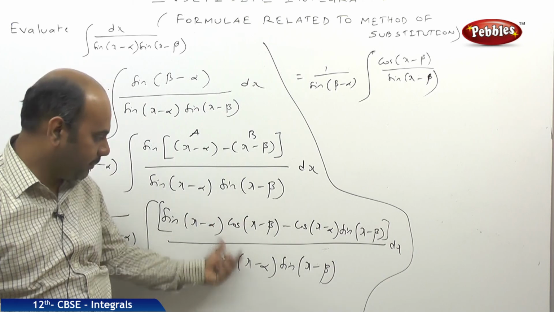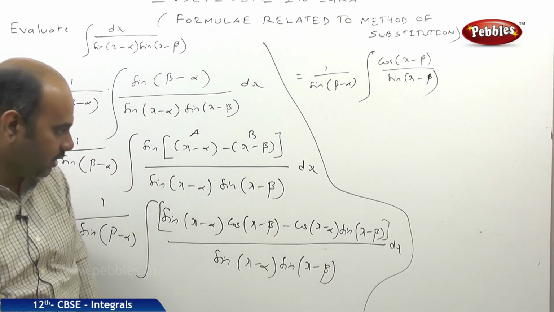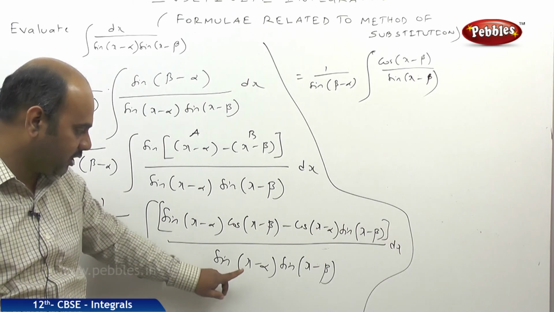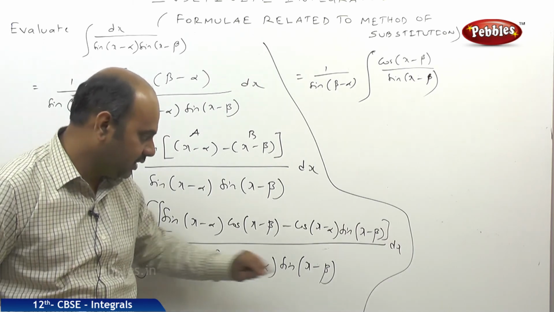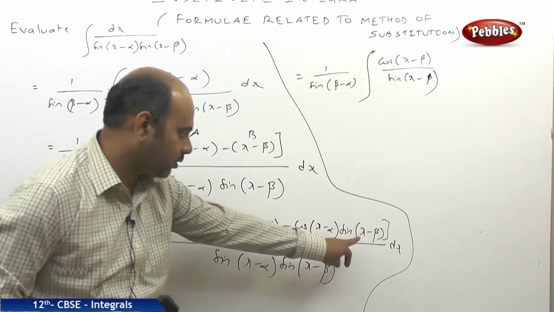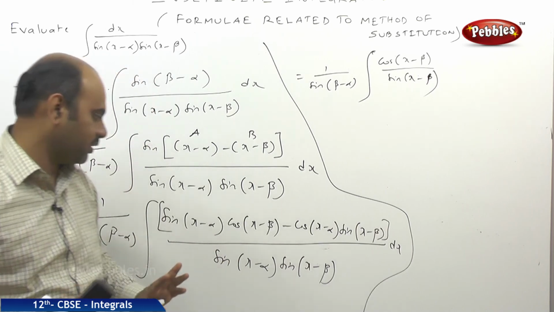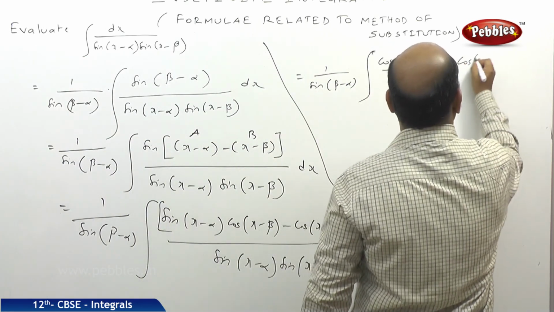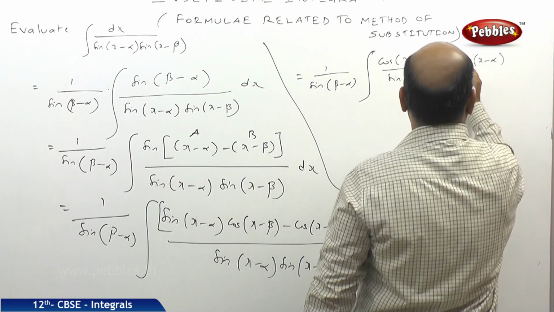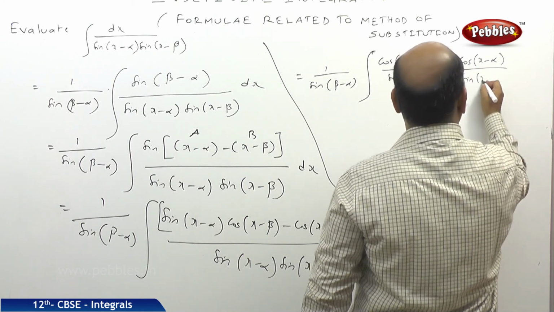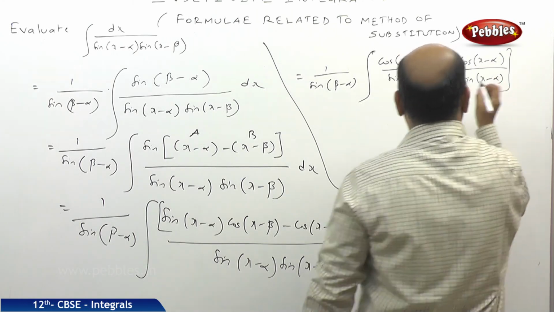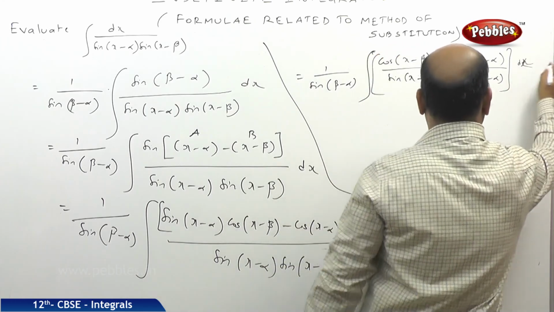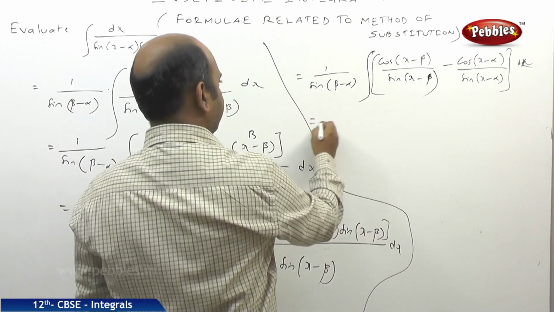Now A by C is finished, now B by C. B by C means cos of (x minus alpha) sine of (x minus beta) divided by sine of (x minus alpha) sine of (x minus beta). The sine of (x minus beta) gets cancelled, so minus cos of (x minus alpha) divided by sine of (x minus alpha). Outside there will be dx.